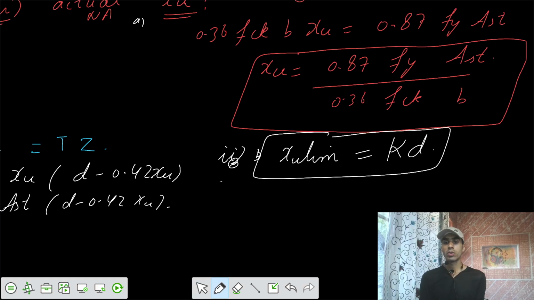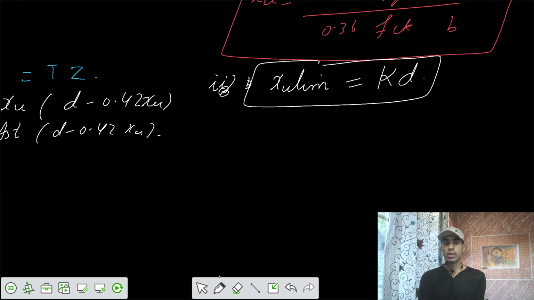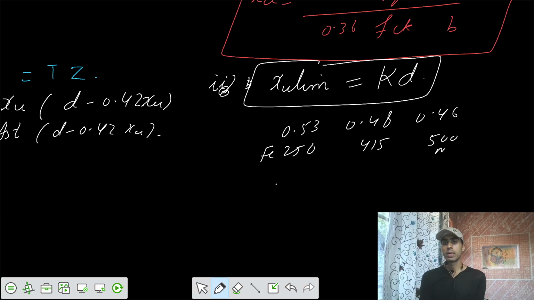The value of k is 0.53, 0.48, and 0.46 for three grades of steel. This is for mild steel, Fe250, this is for Fe415, and this is for Fe500 megapascal. So for different grades of steel, we have different values of k. From that, we need to compare them.